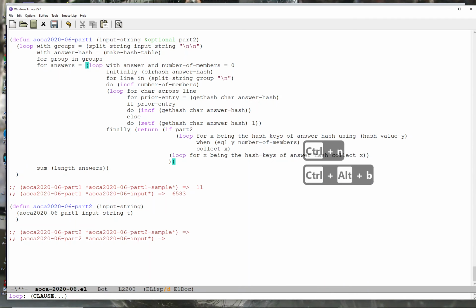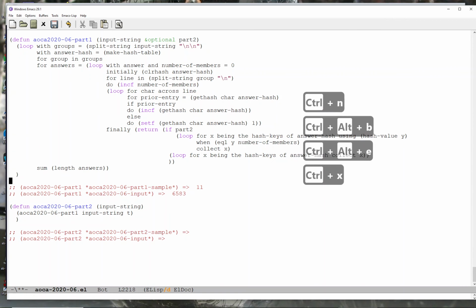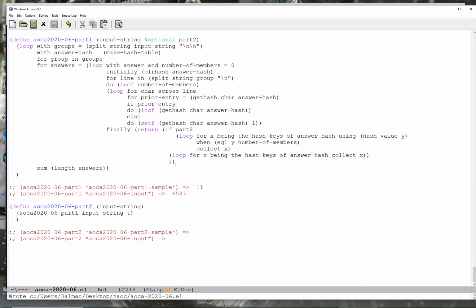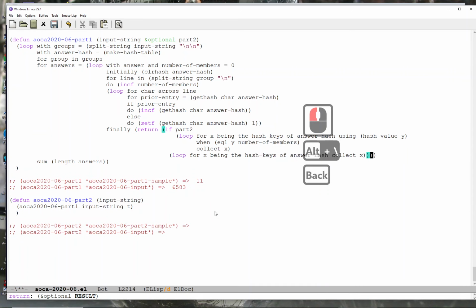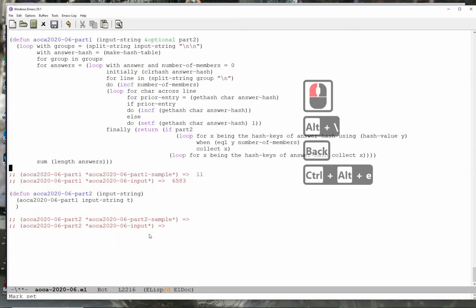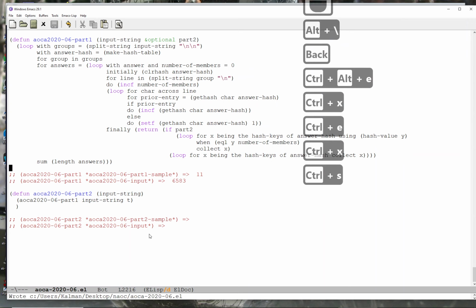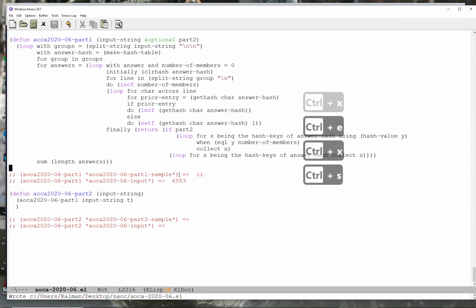That's the loop. That's the end of the function. So this is a list of answers. I was forgetting that. And in the part one case, it might be a little bit overkill to use a hash table, because then we have to loop through the hash table. But so let's try, make sure the part one case still works.